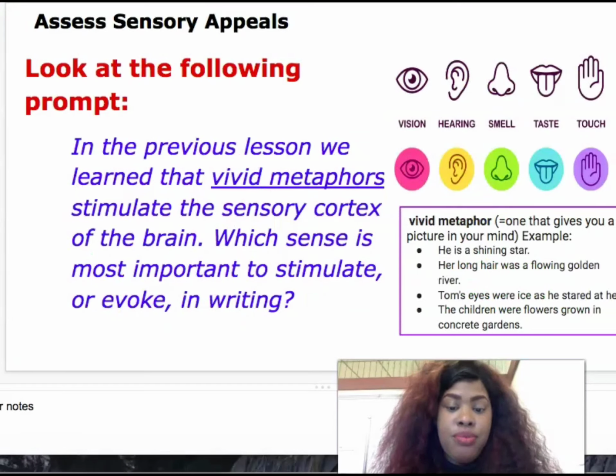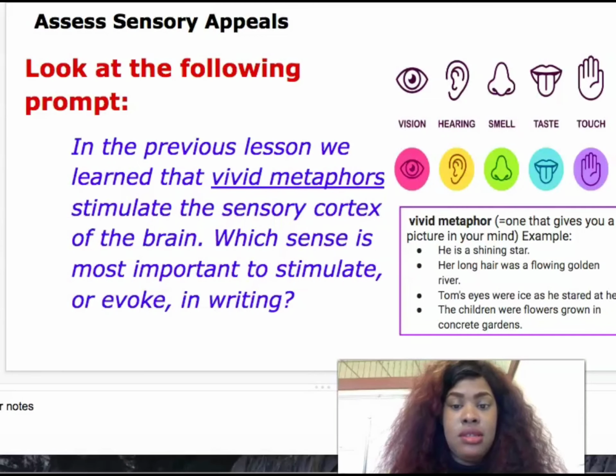As a reminder, today we are going to be talking about our 5 senses. Those are vision, hearing, smell, taste, and touch. I want you guys to look at the following prompt. In our previous lesson, yesterday's lesson, we learned that vivid metaphors stimulate the sensory cortex of the brain.